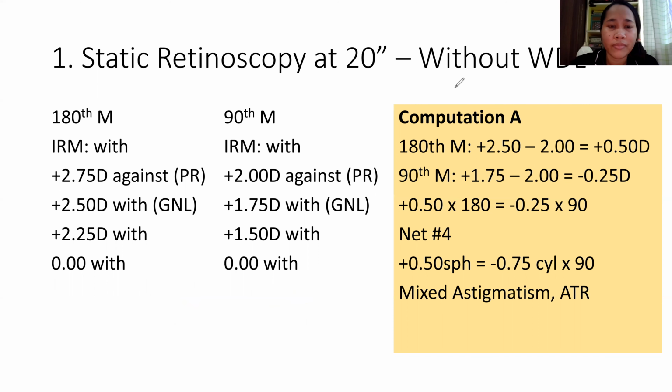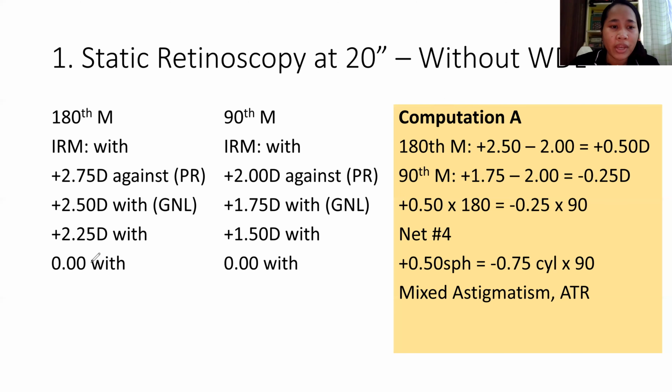Okay. So here in this case, we have static retinoscopy at 20 inches without WDL. So when we say without WDL, we will start at plano, neutralizing at plano. So in the 180th meridian, we started at plano. The movement is with.